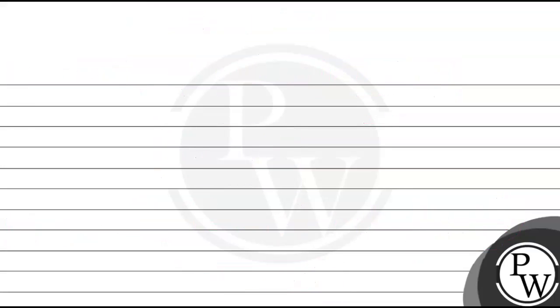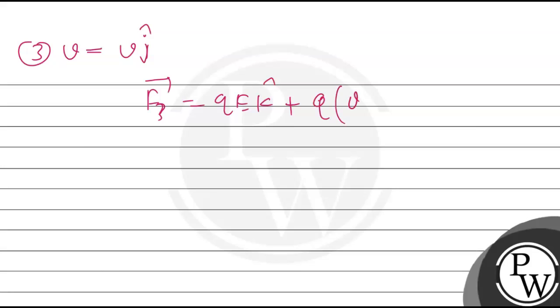Now the third case, in which the velocity is V j cap. For that, the force is equal to qE k cap plus q times V j cap cross B minus i cap.